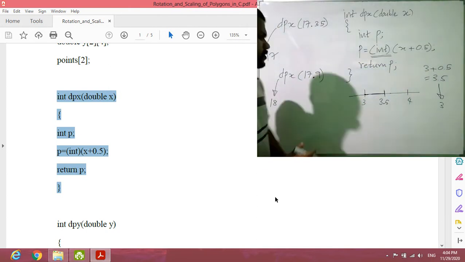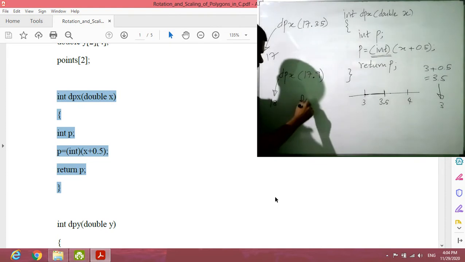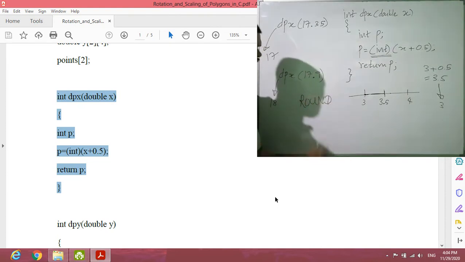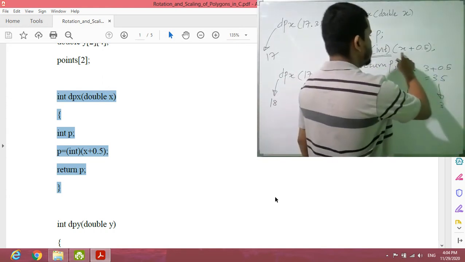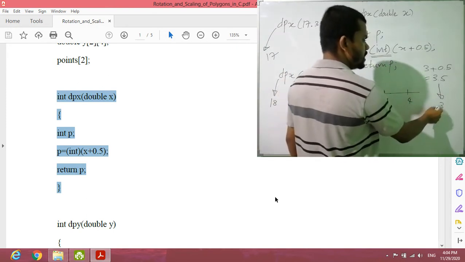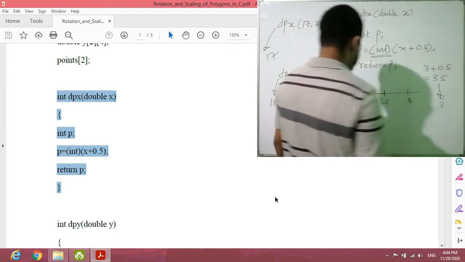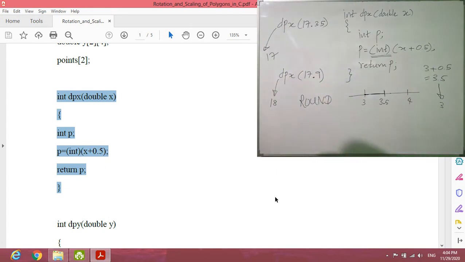That means the purpose of this function is to round a given fractional number to its nearest integer. If it is 3, the number is 3. If we round 3 to its nearest integer, it's 3.